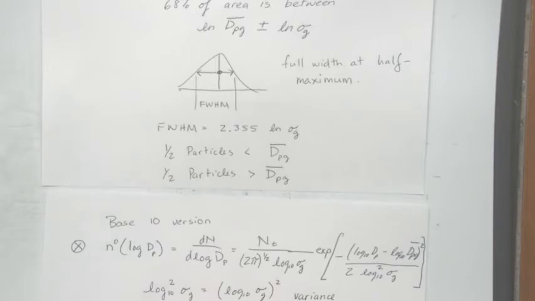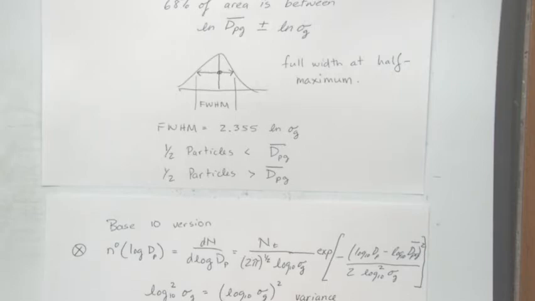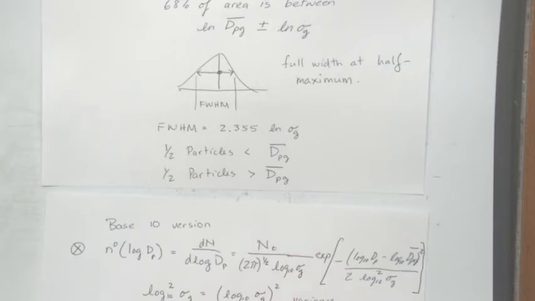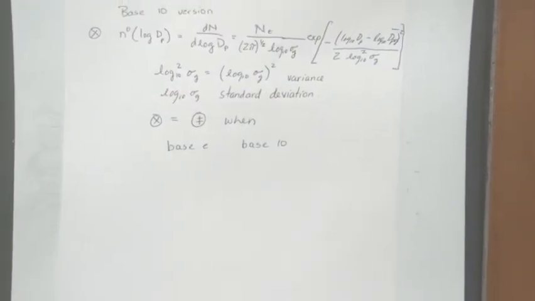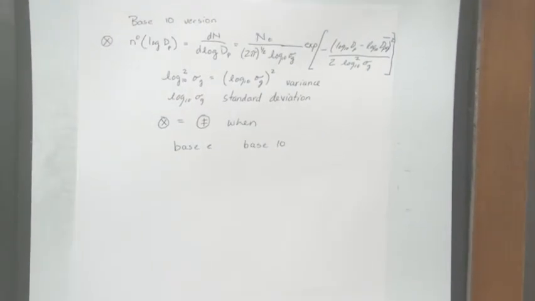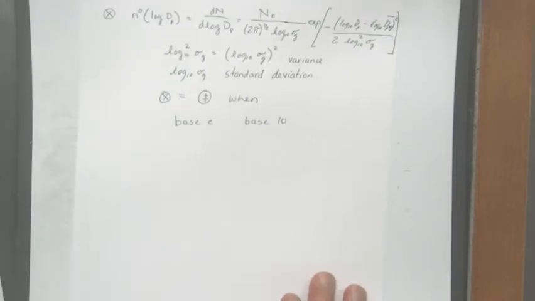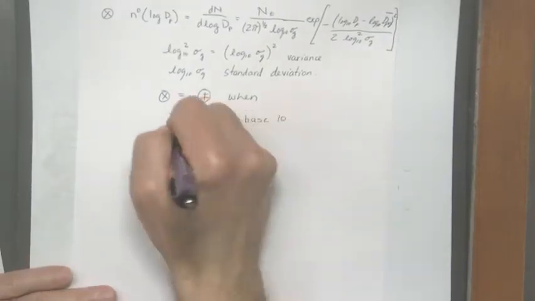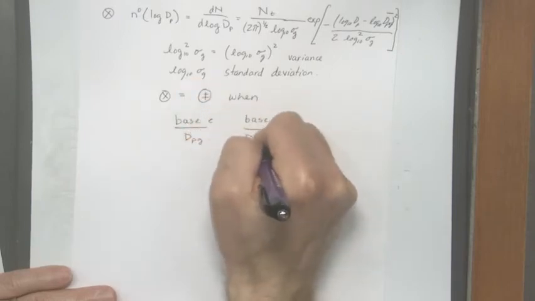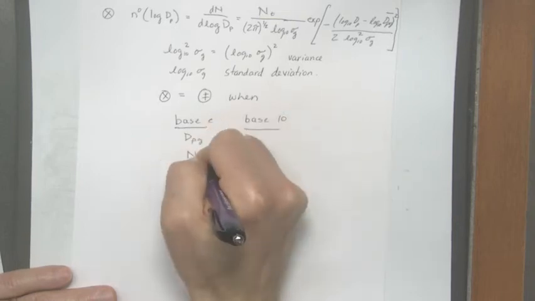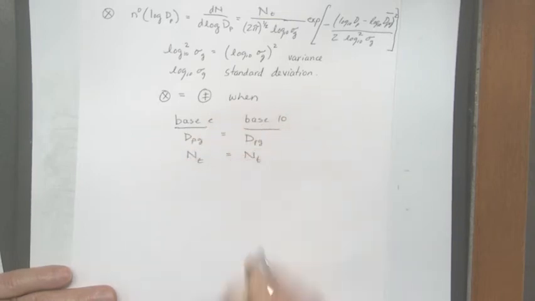And these two are going to be equal, so these are equal when we've got our base E version and our base 10 version. dpg is the same. Total number of particles is the total number of particles. That's the same.